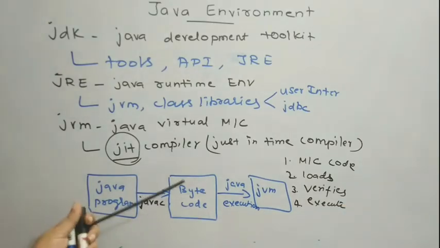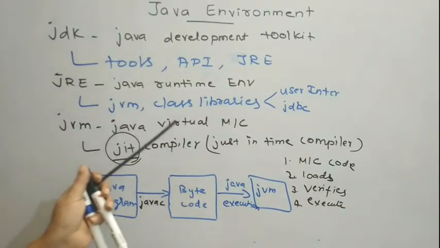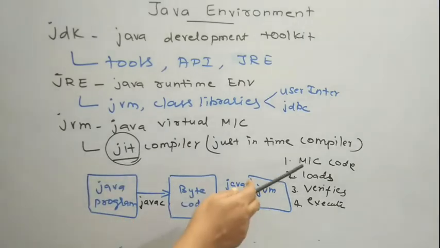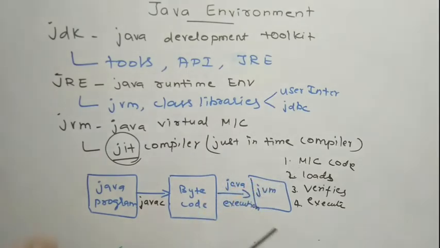So bytecode is given to JVM. JVM will give our bytecode to the just-in-time compiler. The just-in-time compiler will convert the bytecode into its corresponding machine code, and it loads the machine code into main memory. It verifies our machine code, whether it is correct or not.